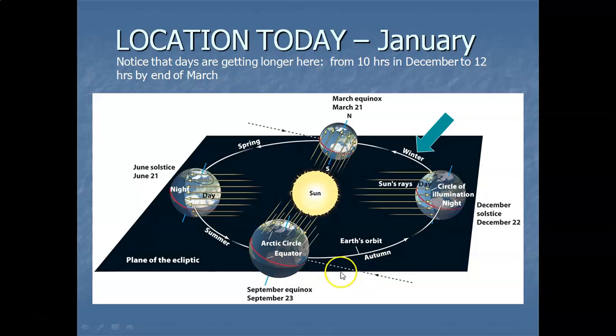And the day the subsolar point has moved as far south in the southern hemisphere as it can go marks the first day of winter for us. That's where we began in our lecture, 23½ degrees south latitude.